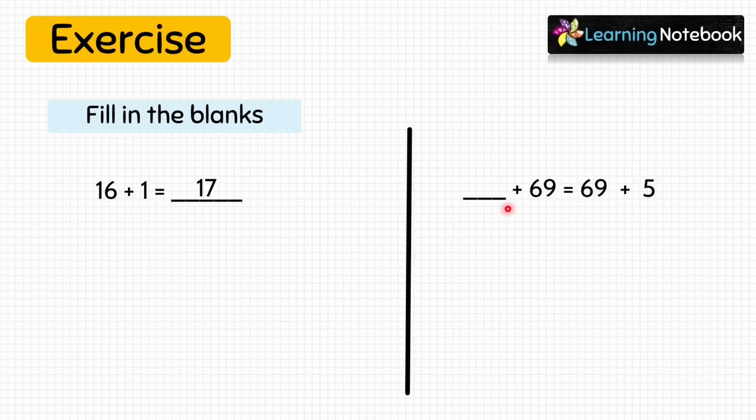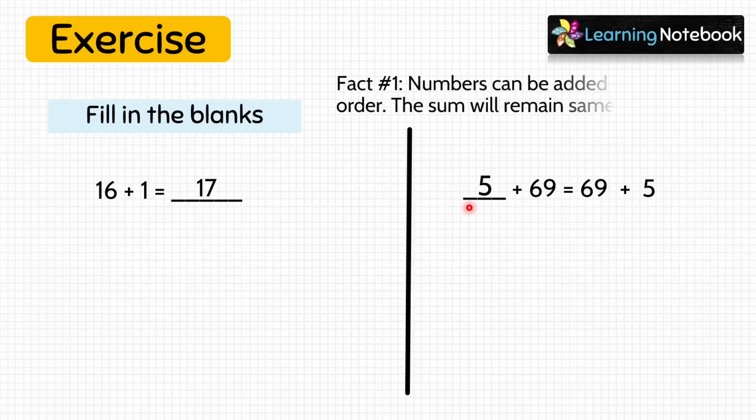Next question. Dash plus 69 equals 69 plus 5. So what would be the answer here? Yes, 5. Because we learned numbers can be added in any order, their sum always remains the same.